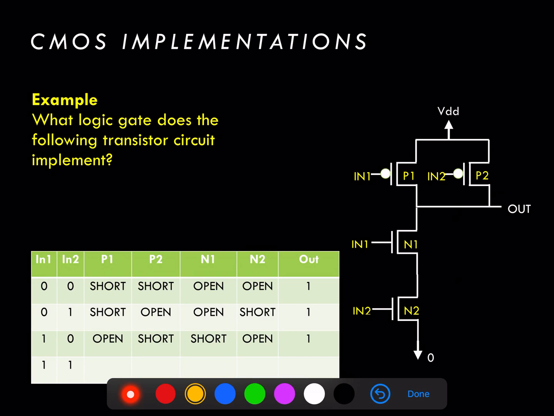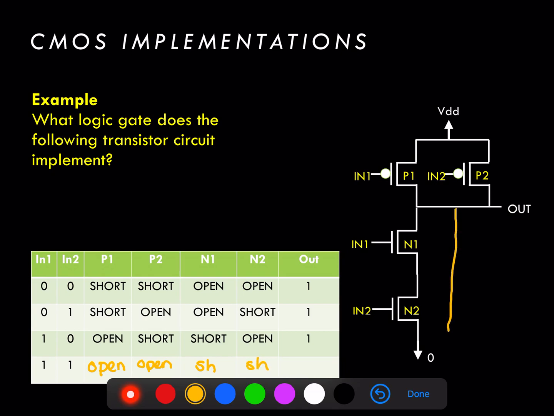In the last combination in the truth table, N1 and N2 are both equal to 1, which means both of the PMOS transistors will be equal to open circuits, and both of the NMOS transistors will act as short circuits.